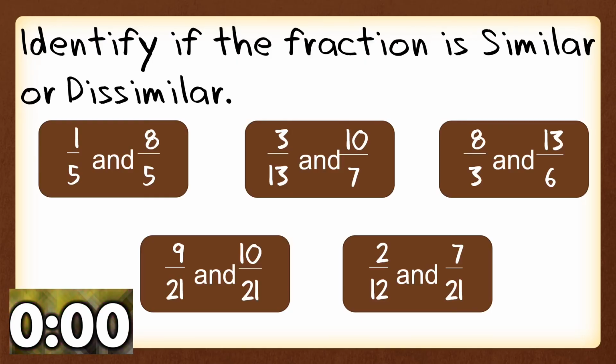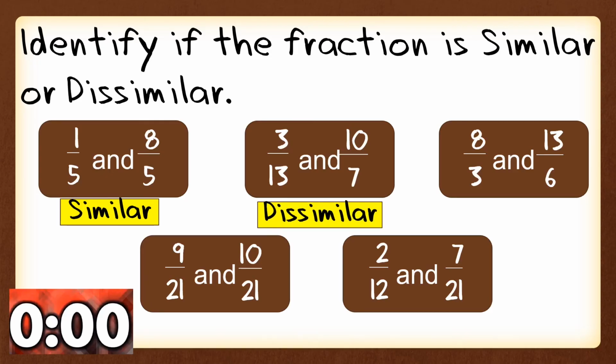Okay, check your answers. Number 1 is a similar fraction because it has the same denominator. Number 2, dissimilar fraction because it has different denominators. Number 3, dissimilar fraction again because it has different denominators.